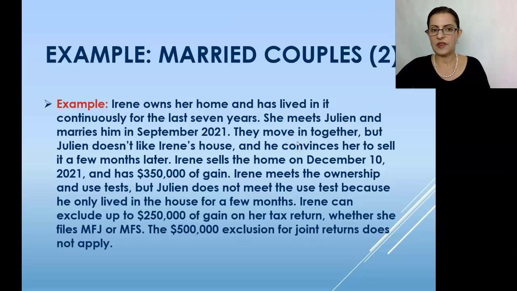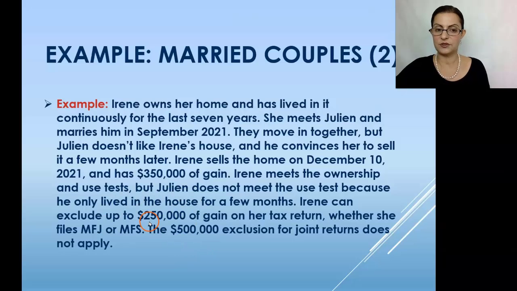So in order for that $500,000 exclusion for married couples to apply, only one of them has to own it, but they both have to meet the use test. In this case, Irene meets the use test, but Julian does not. So Irene can exclude $250,000 of gain, whether she files married filing jointly or married filing separately. It doesn't matter in that case because Julian doesn't meet the use test, so they can't exclude $500,000.